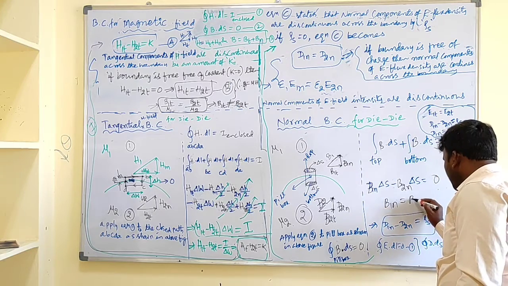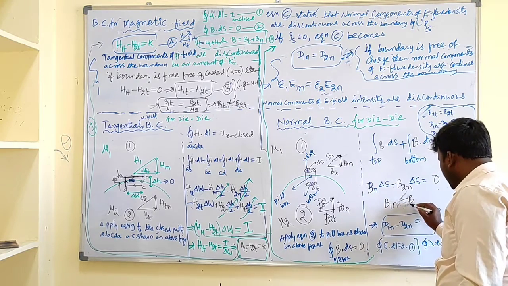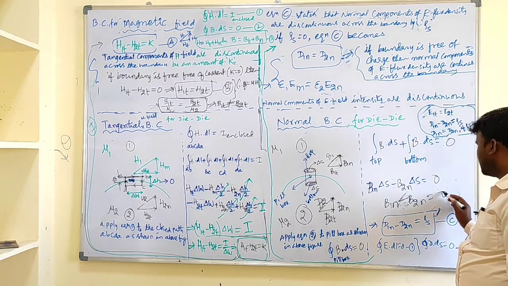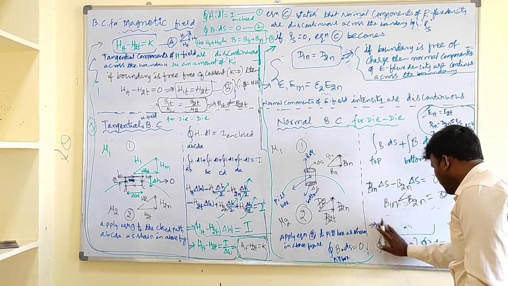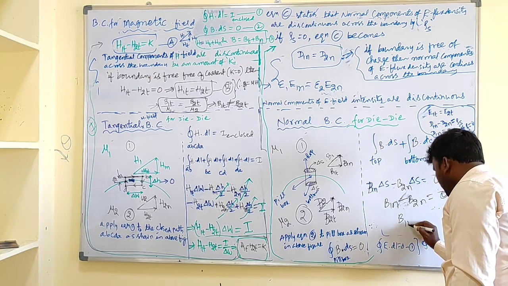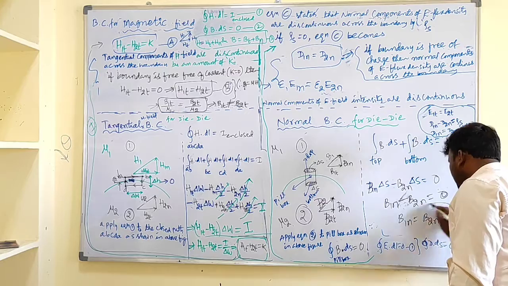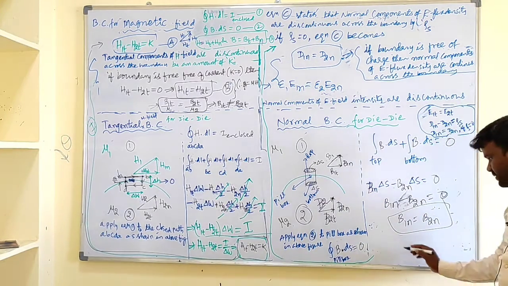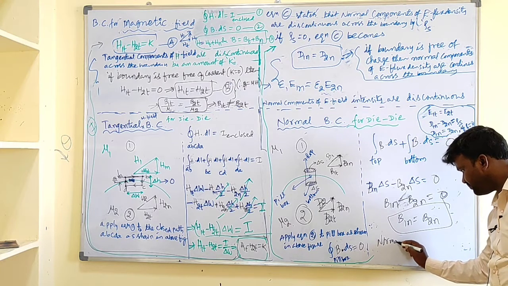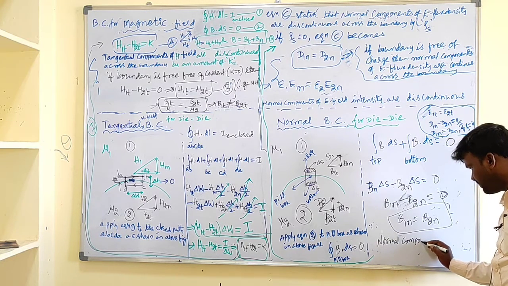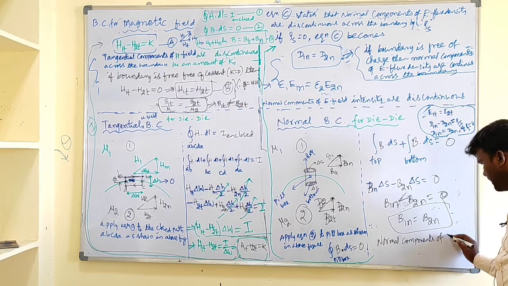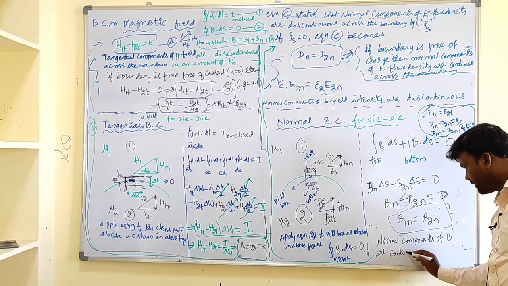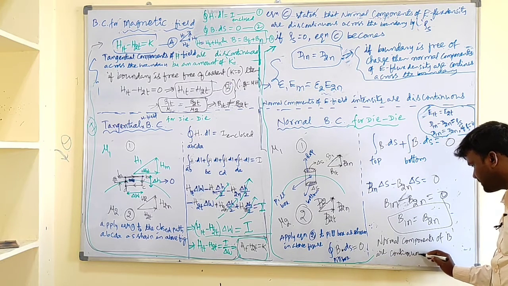After this we will get B1n minus B2n equal to 0. We can take delta S as common, so B1n minus B2n equal to 0. Finally we have B1n equal to B2n, meaning normal components of magnetic flux density are continuous across the boundary.